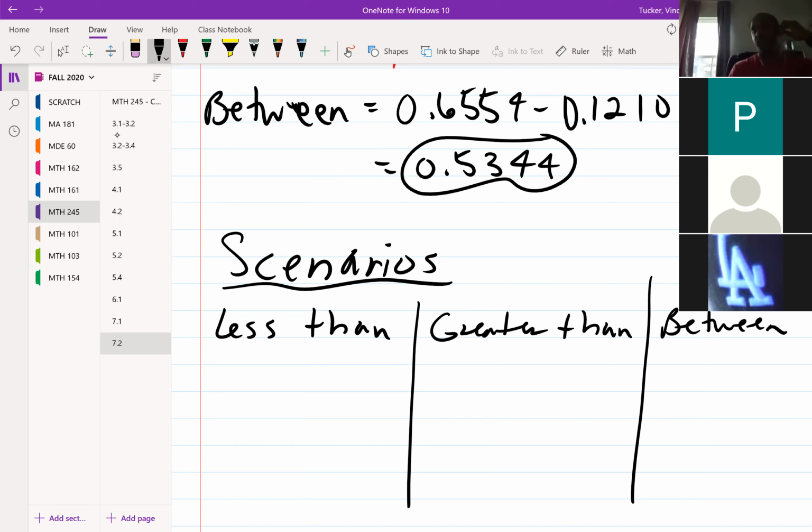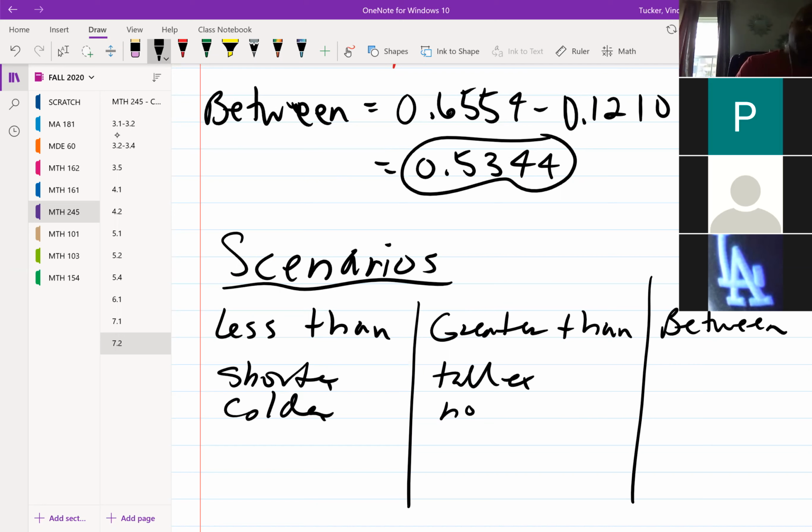Between is hard to find other words for, but less than could be shorter, or colder if you're dealing with temperature, or below, if you're talking about water levels.